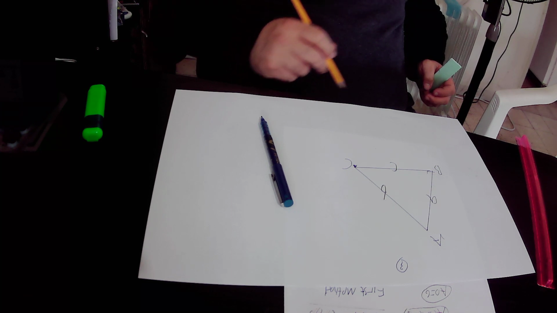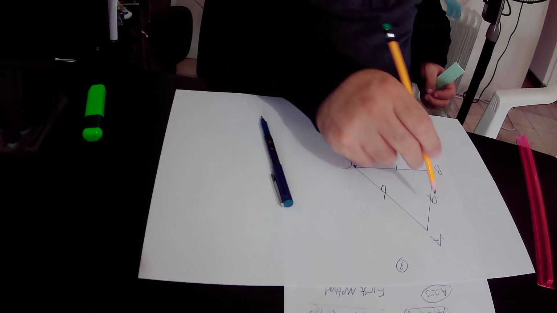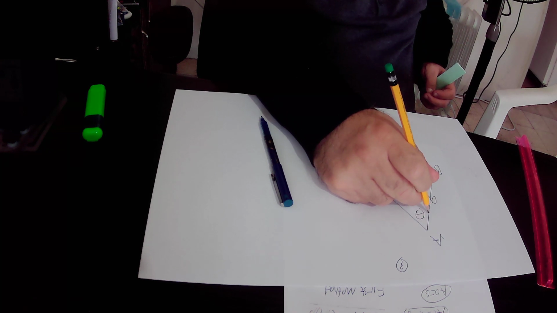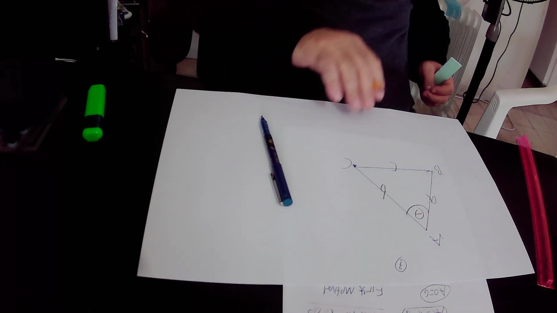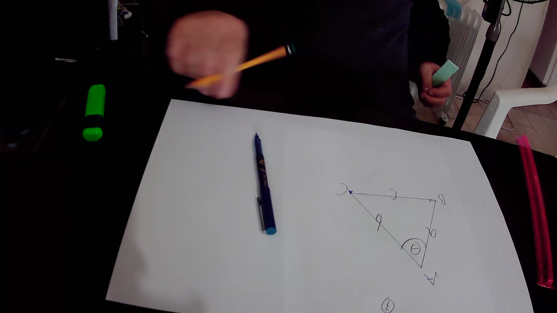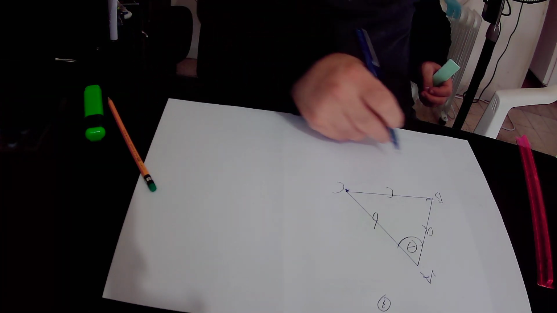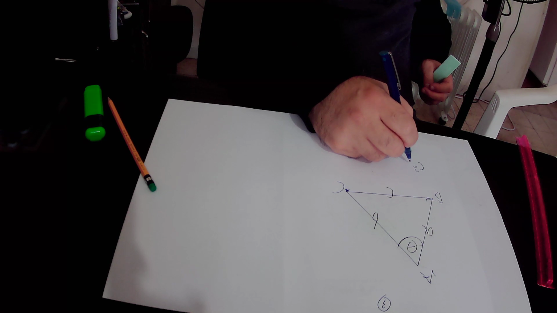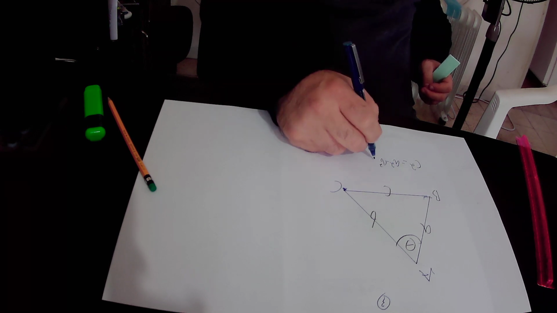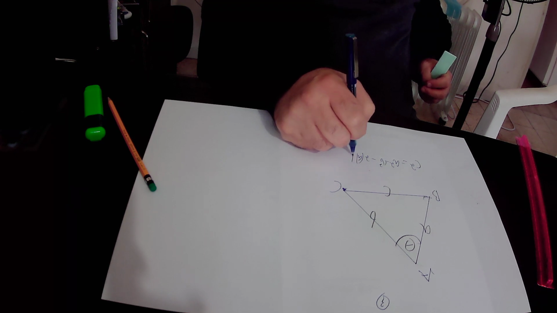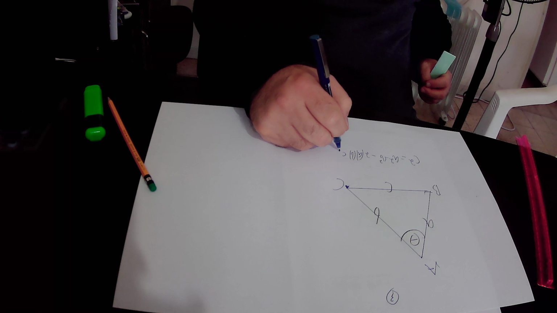And the angle between side AB and side AC is theta. Then, according to the law of cosines, we will get that C squared equals A squared plus B squared minus 2 times A times B times cosine theta.